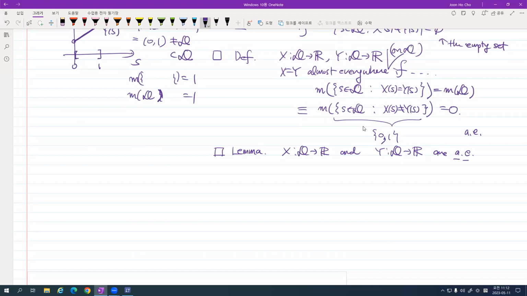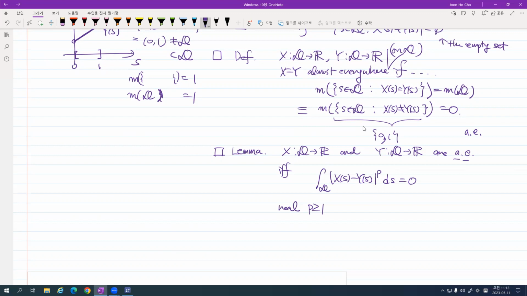Almost everywhere equal if and only if, so it's kind of an equivalent definition, the integral over the domain of the absolute value of x of s minus y of s, the error, raised to the power of p, where p is any real number greater than or equal to 1, is 0. You take the error, raise its modulus to the power p, and integrate this error on the domain. And this is 0 if and only if they are almost everywhere equal.